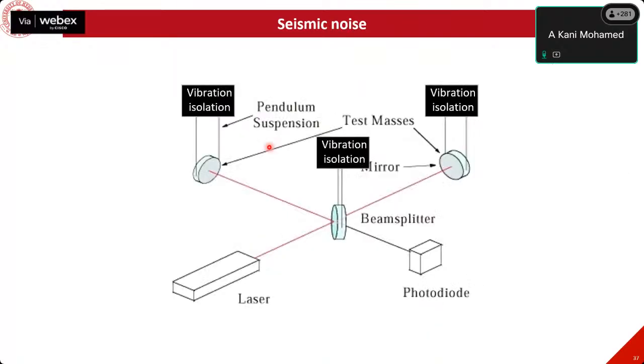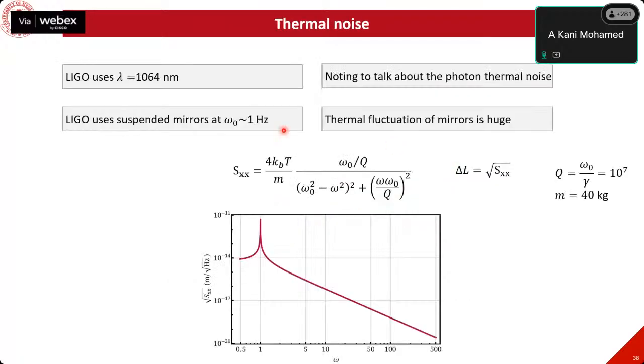But here, all these elements are hung as pendulums, and these pendulums have a mechanical frequency of the order of 1 hertz. So even at room temperature, this is going to give a huge noise because of this low frequency.